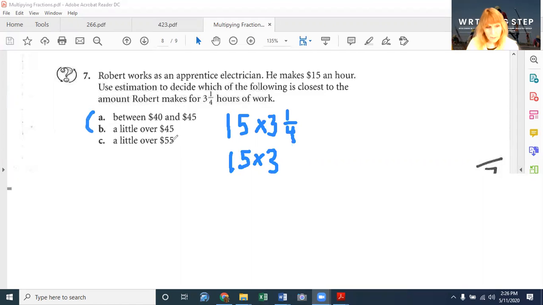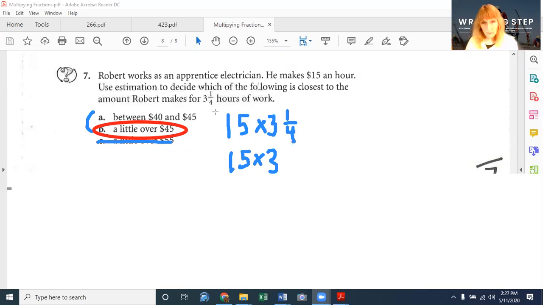We know that this one's out, right? So taking a look at A and B, now we have to say, well, the real answer is going to be 15 times 3 and some other bit, a little bit more, right? So we know it's going to be a little bit over $45, right? It's not going to be under $45. So our correct answer then is letter B right here, a little over $45.